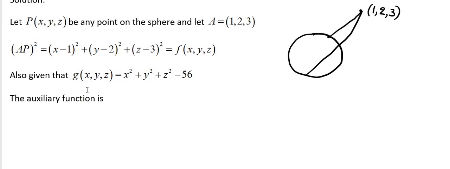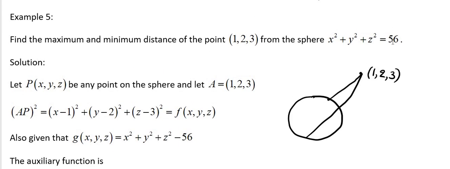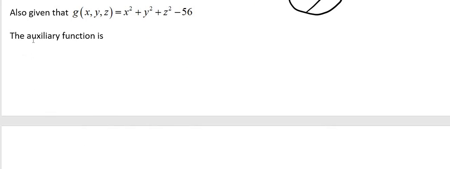Also given that g of x, y, z equal to x square plus y square plus z square minus 56. Observe here, they are giving 56 on the RHS. I am taking that 56 to the LHS while considering g of x, y, z.